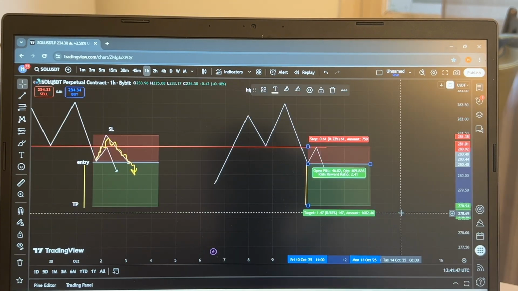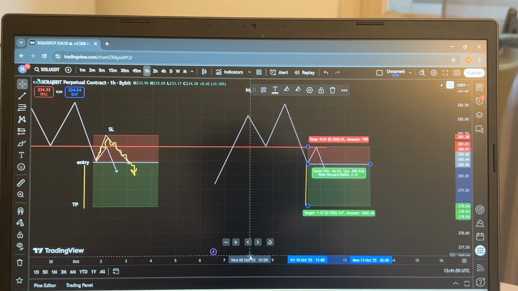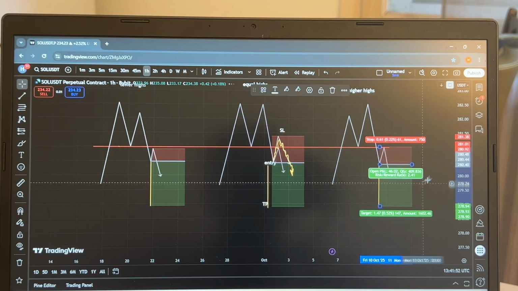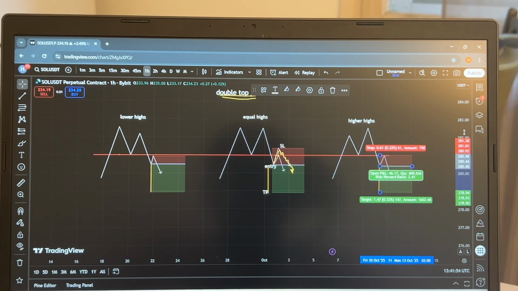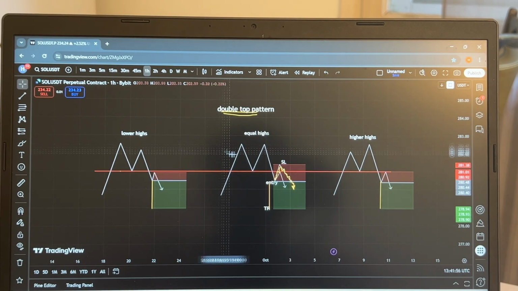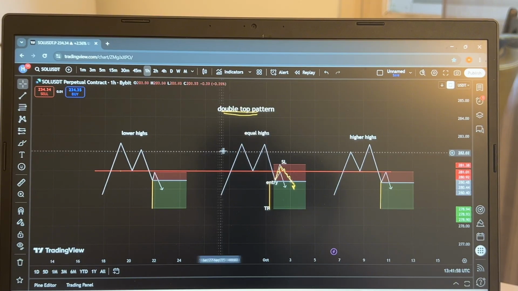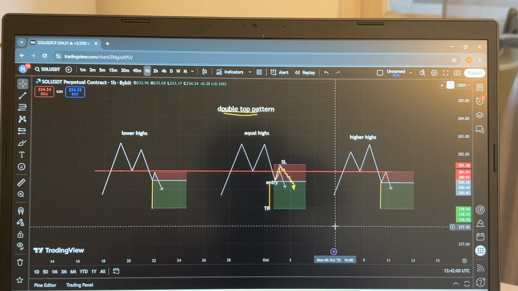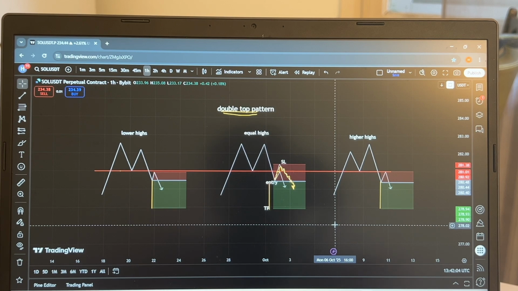And now I have completed the double top formation and all three types of double top formations: lower highs, equal highs, higher highs. So just note it down somewhere or get it into your head. Try these because there are examples in the live market.